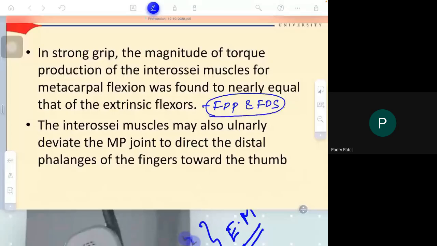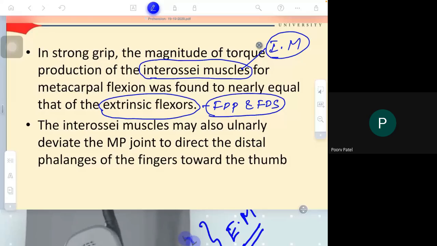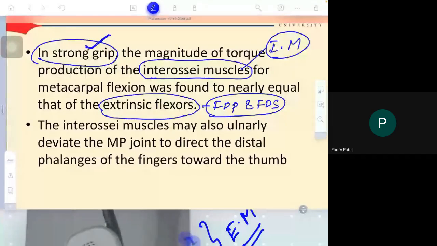And what is interossei muscle? Interossei muscle is the intrinsic muscle. Clear? So what they are saying here is, in strong grip, both the intrinsic muscle and extrinsic muscle torque is almost equal. That is the meaning here.